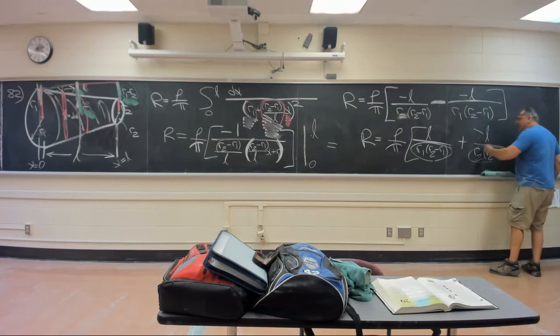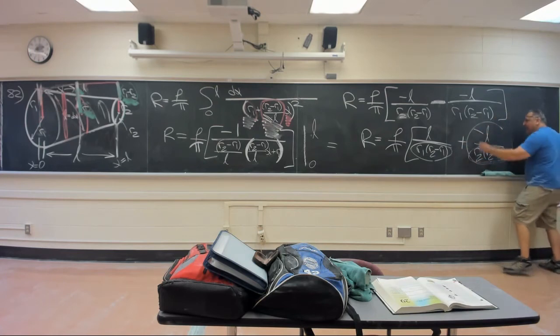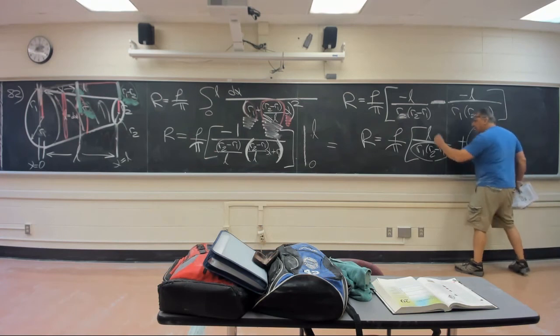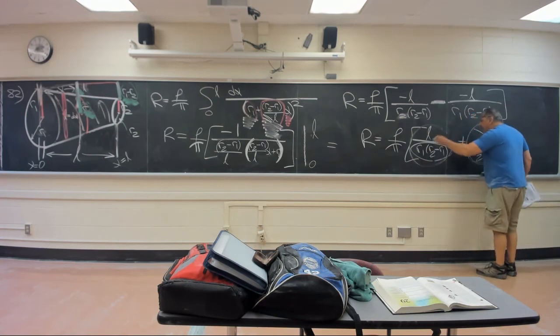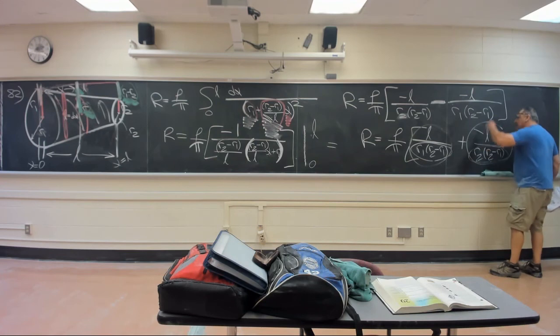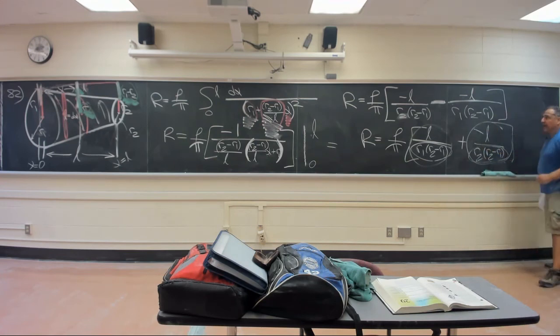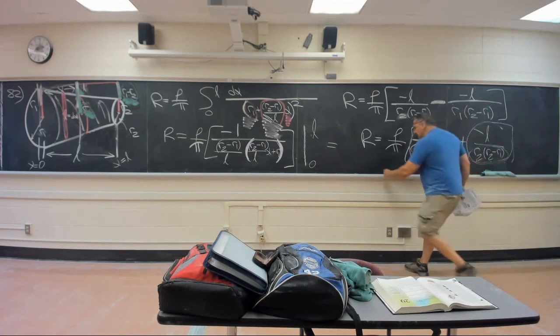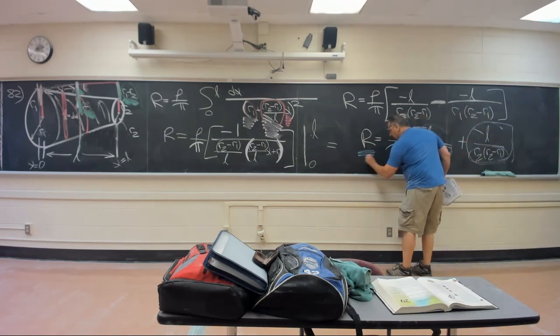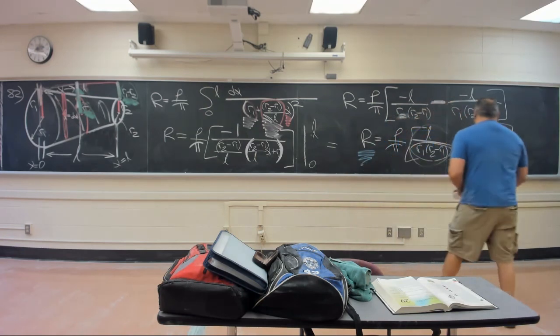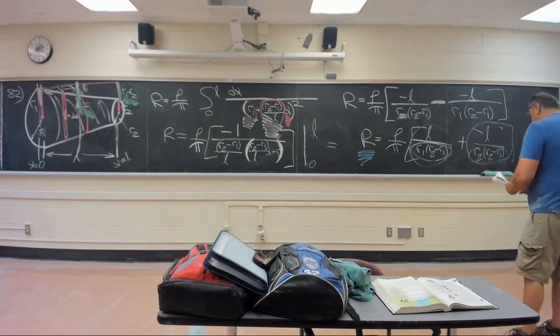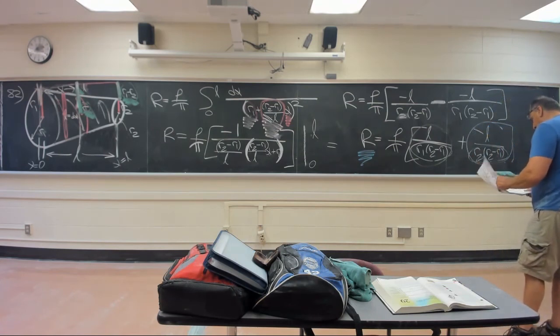That's positive, and it has bigger magnitude than this negative one, so it's a positive answer. It better be, because the resistance is a positive answer. So there's ways you can clean that up a little bit and write it as you want.